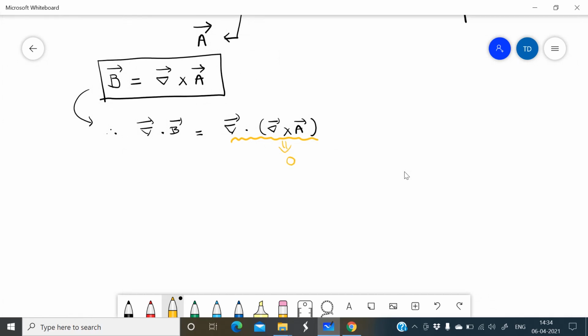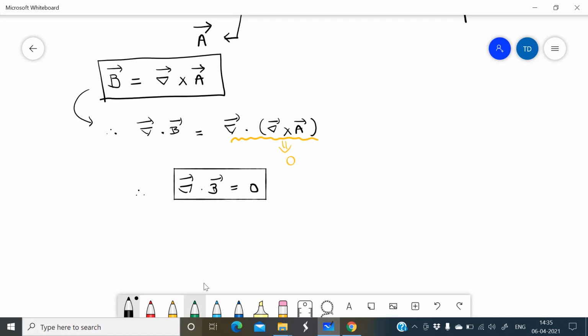So we can write del dot B is equal to 0. We are aware of this equation because it is a Maxwell equation, I think the Maxwell third equation in point form.